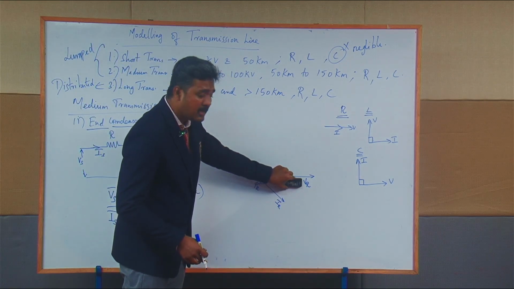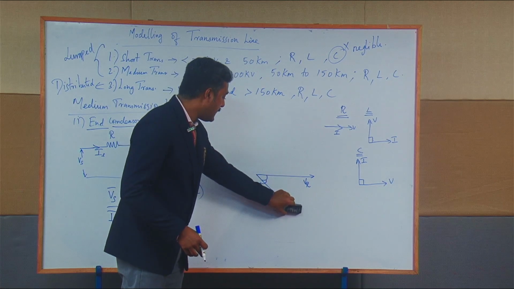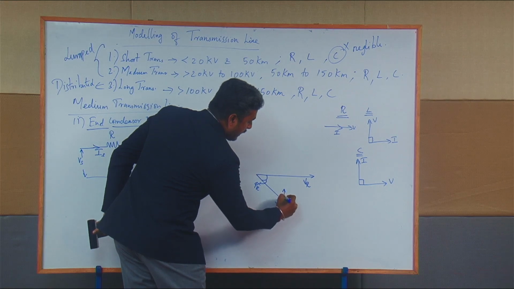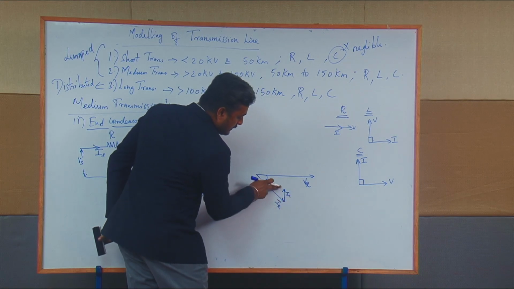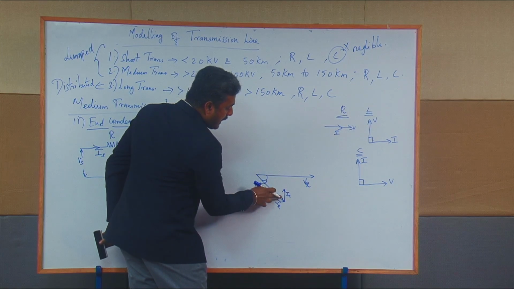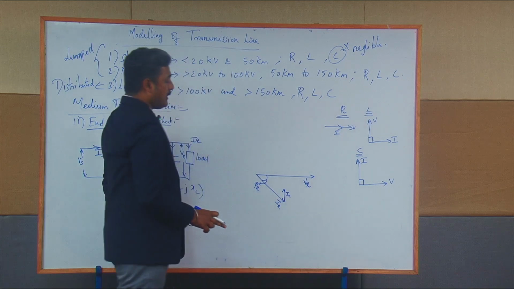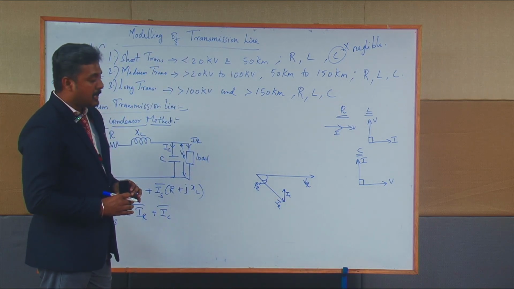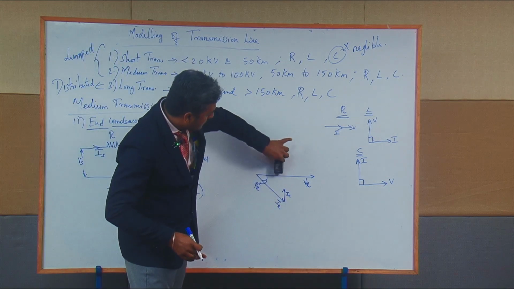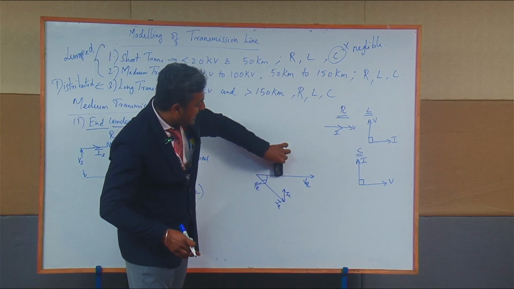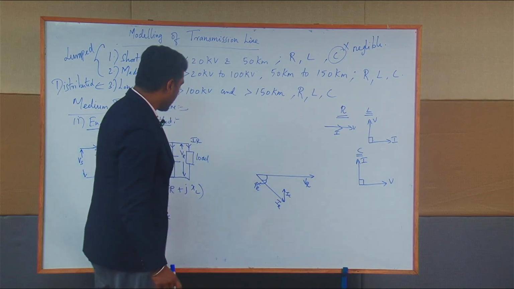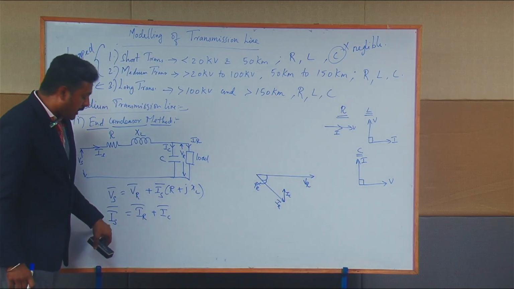Therefore, you have the VR vector here and the IR vector here. You have to draw the IC vector, which should be perpendicular to the VR vector, leading the VR vector by 90 degrees. If you take this vector here, you can visualize that the IC vector leads the VR vector by 90 degrees. Now we can draw the Is vector.